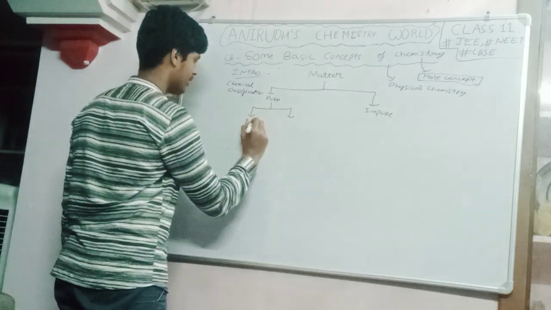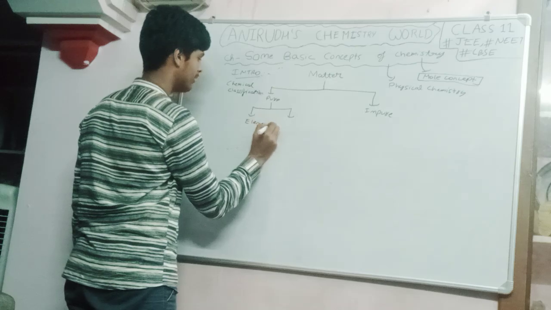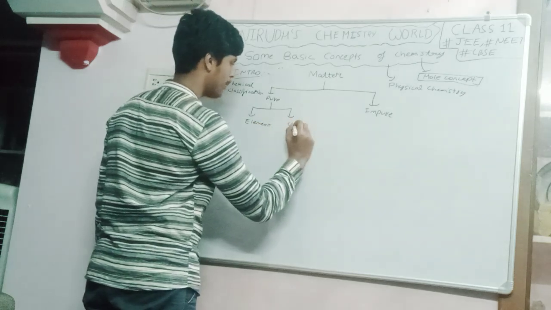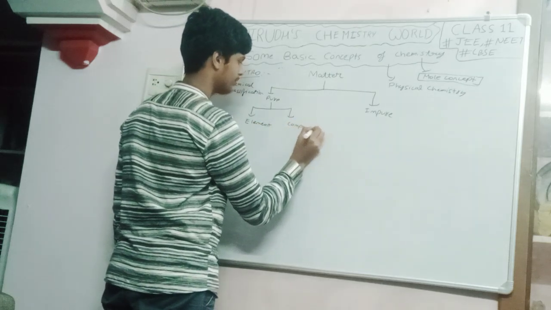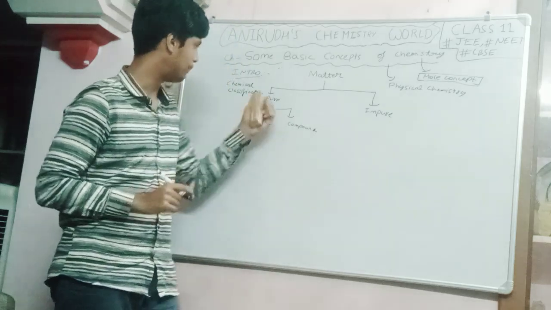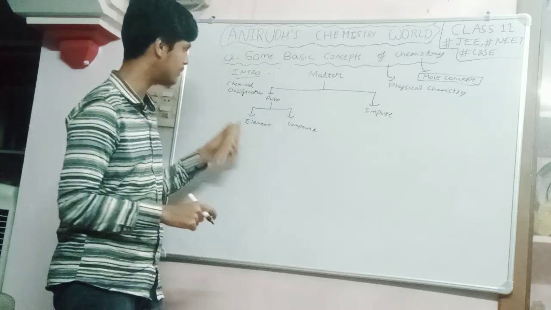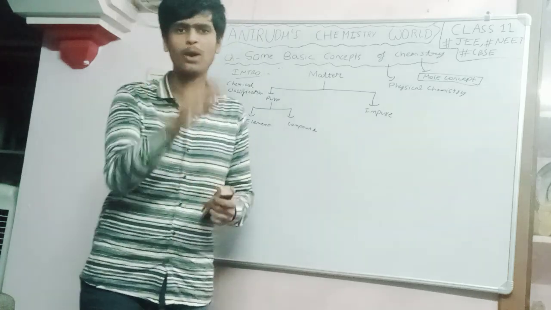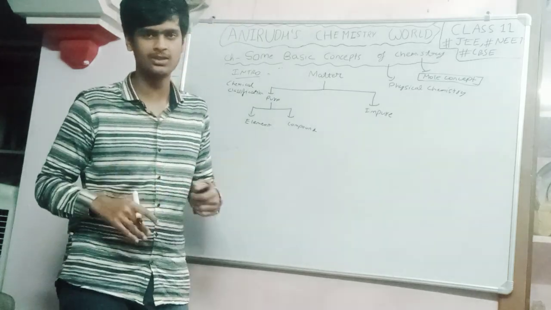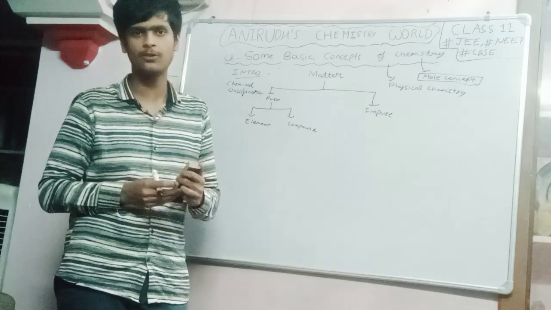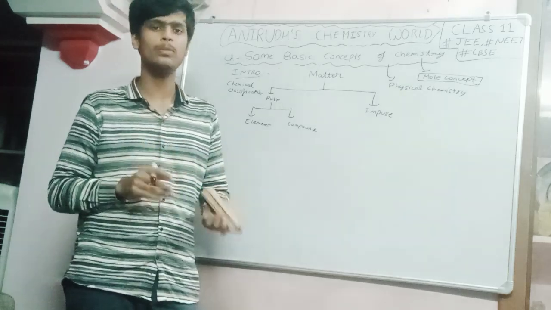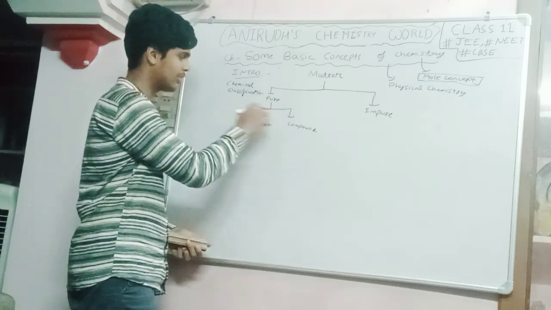First one is element, another is compound. The pure substances which you are observing are of two types. You will be seeing the pure form of element, right? Nitrogen, oxygen, some metals if you take iron, aluminium, these are the metals which will come under pure elements.